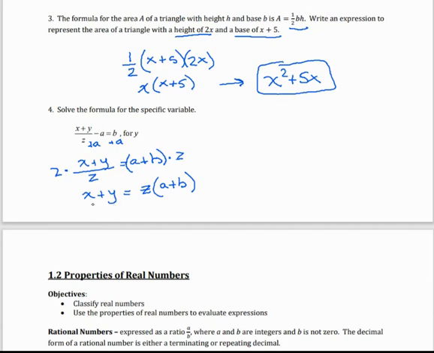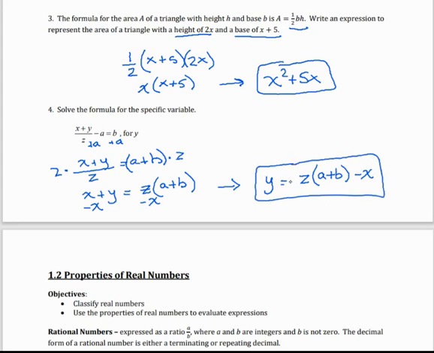And last but not least, to get y alone, we now need to remove the x, and it's being added. So we will subtract it. So what do I get as my answer? I get that y equals z times a plus b minus x. And now I have solved for y.